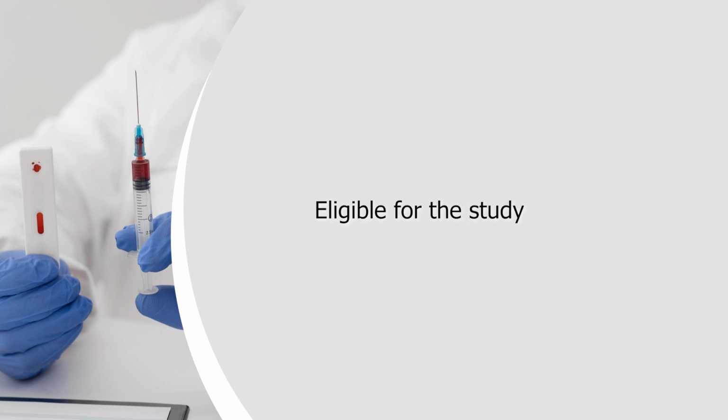You will be screened to make sure you are eligible for the study. If you are approved to participate in the study, you will schedule an initial visit called a baseline visit. During this appointment, researchers will perform cognitive and or physical tests.